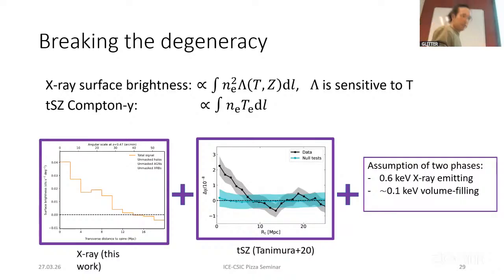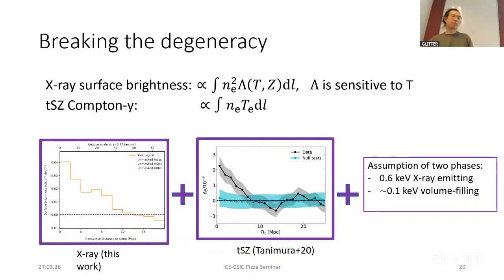Now we'd like to know the density of the gas that emits the X-ray we see. But it's very tricky because there are degeneracies between the density and the length you use for the line of sight. So here we take some literature profiles from Tanimura 20.